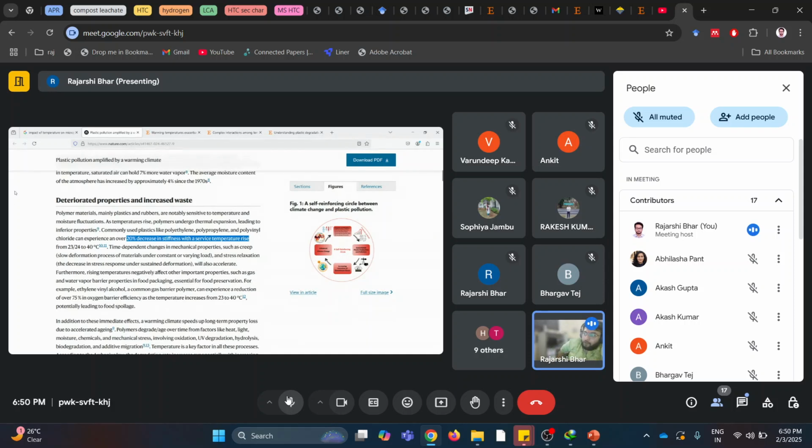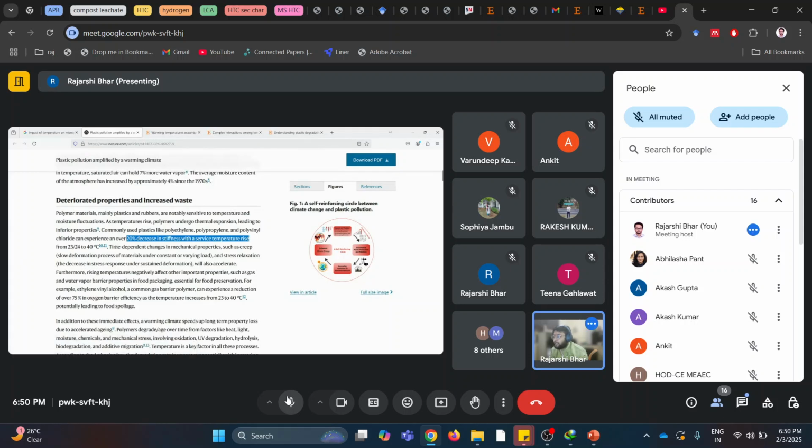So from this, you can imagine that if we want a plastic to be stiff and rigid, and we are using it in colder climates, like in cooler parts of Himachal and Uttarakhand, as compared to places in summers like Rajasthan, UP, and most of this belt, which experiences temperatures up to 40 and even higher, then we will find a significant decrease in the quality of the plastic.